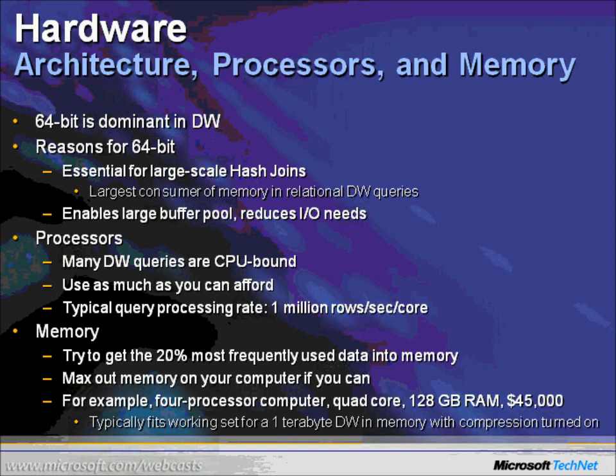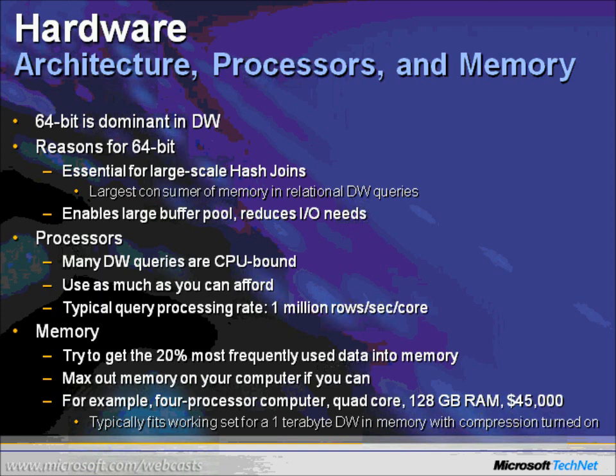This is very useful for data warehousing because 64-bit machines can have a very large virtual address space, and very large buffer pools, which are useful for caching large pieces of the database in memory, and also lets you do large-scale operations like large hash joins and index builds with minimal I/O, so it really speeds up performance for data warehouse.